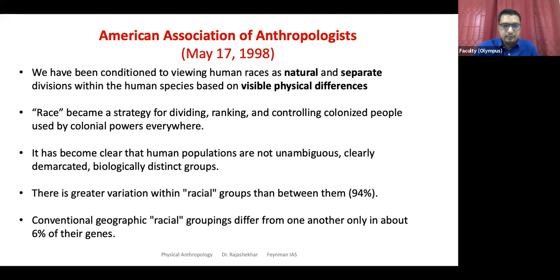So people who traveled to other areas considered themselves superior, and they started dividing people based on their appearances. They started ranking them, and they started controlling people, saying that we are superior to you. You're supposed to be a slave, and I'm supposed to be your boss, or your king. So those differences have stemmed from that.